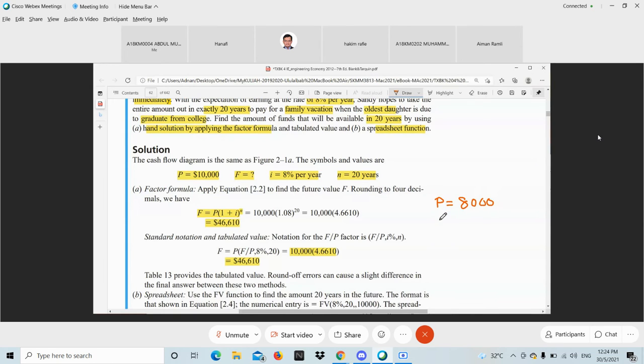We want to know the future value, given the interest rate of 7% and N is, let's say, 8 years. Can everyone try? I want to know what the F value is.